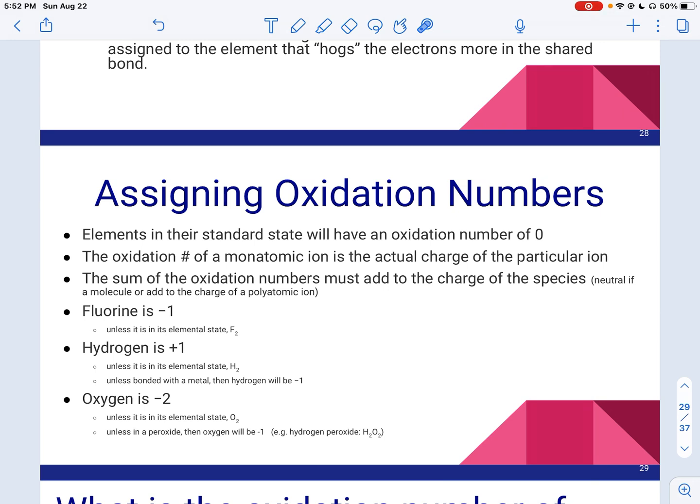Okay, so this is kind of what you would follow. And then for ionic compounds, you're going to want to take the charge that the atom would get from the periodic table unless it's part of a polyatomic. Okay, so that's where this really comes into play.